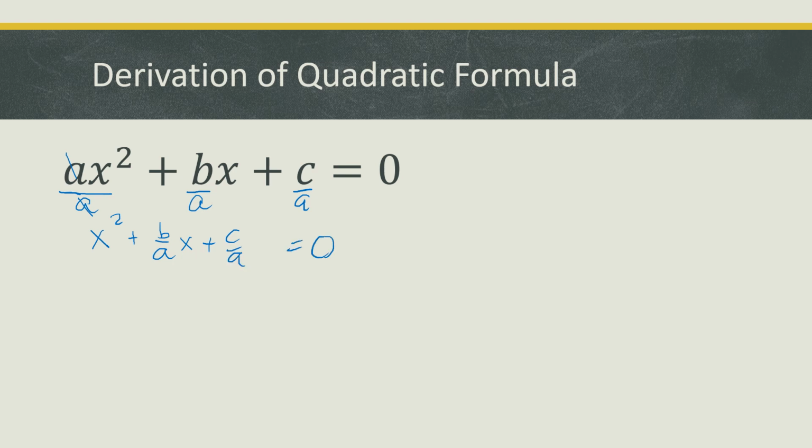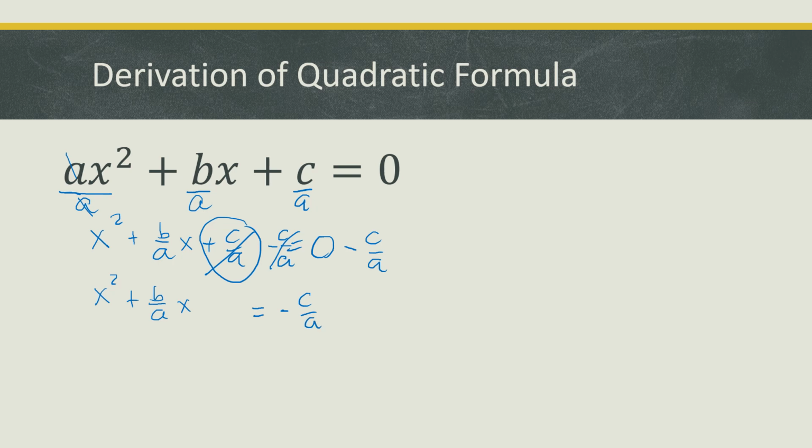Then the next thing that we need to do is to remove the constant term, the c over a, by subtracting c over a from both sides. So this one will be cancelled. So x squared plus b over a x equals negative c over a.